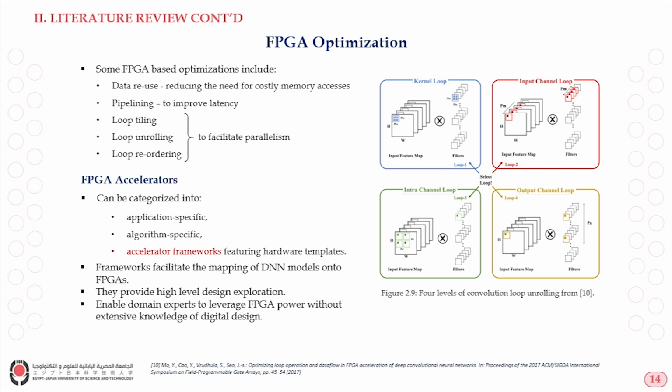So we will take a framework that gives us the opportunity to customize. And this is especially important for, for example, domain experts, people who are not coming from digital design. So you get a template of an accelerator. Now your work will be to do what we call design space exploration. So we study how to configure it to get more efficiency.